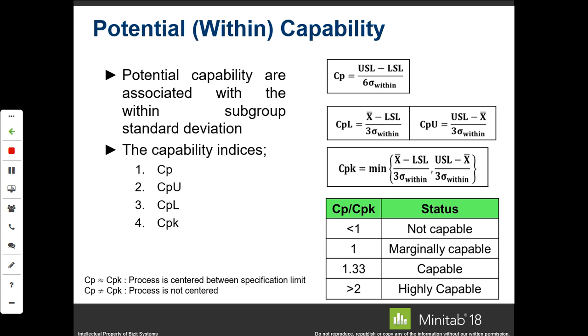Maybe you need to do some process improvement, let's say reduce your variation, or move your shifting to the center. If your Cp equals Cpk, the graph of your process is centered between the specification limits. If your Cp is not equal to Cpk, maybe your process is shifted to the right or to the left.